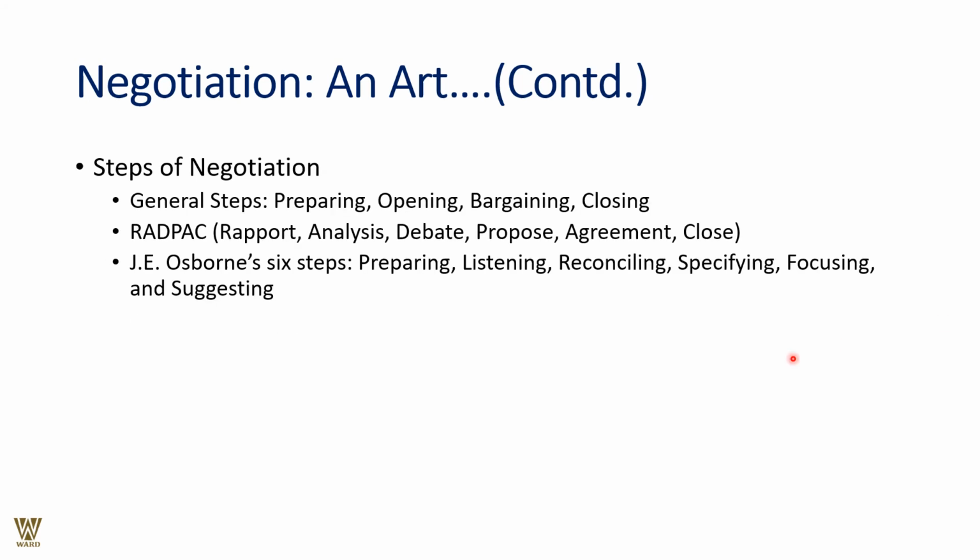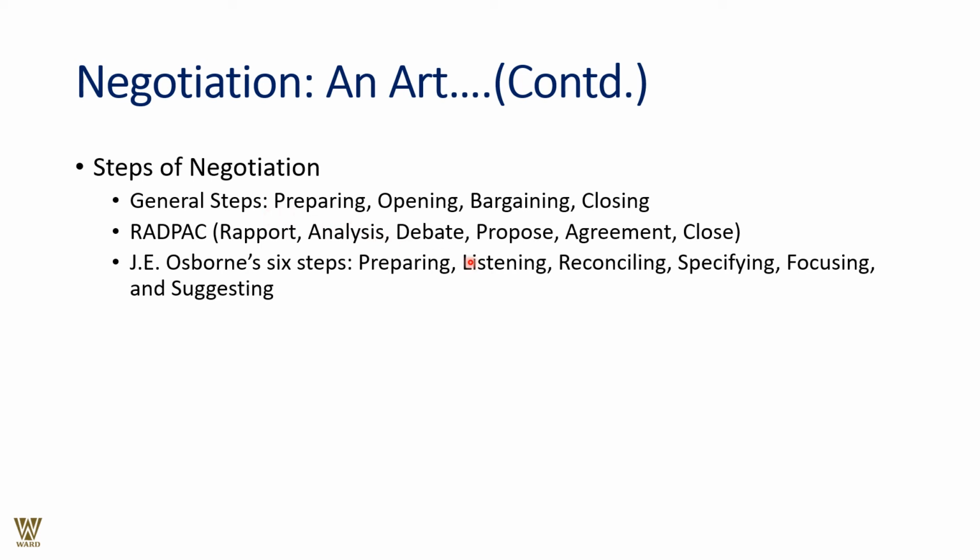Let us understand the various steps. Basically, there are n numbers of steps and n numbers of philosophies going around it. But for the purpose of this video, I am going into the broad steps as far as negotiation is concerned. The general steps are preparing your turf altogether, your opening statement, your bargaining, what you are willing to lose, the must-haves that need to be there at the end of the negotiation, and probably closing.